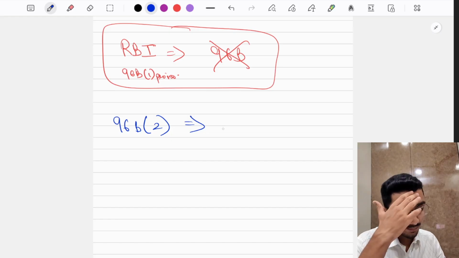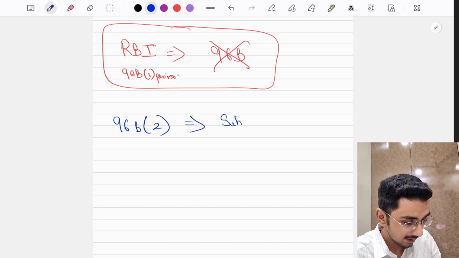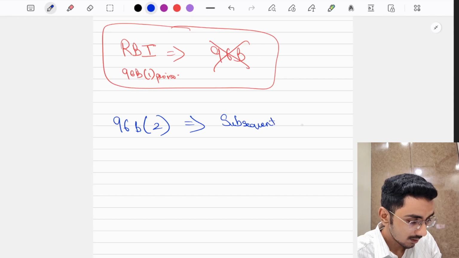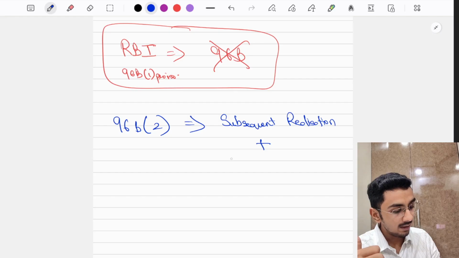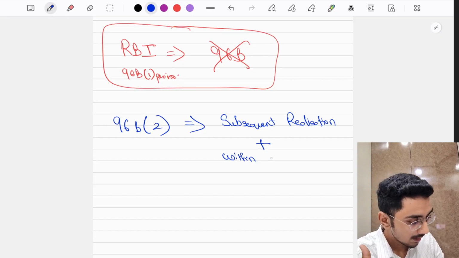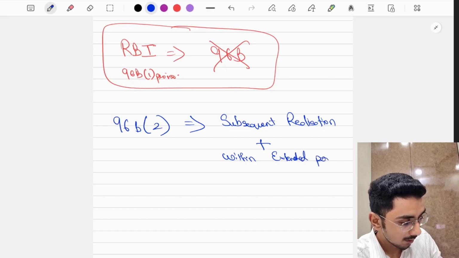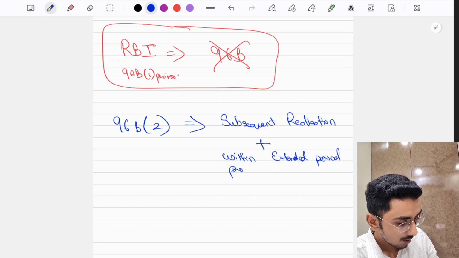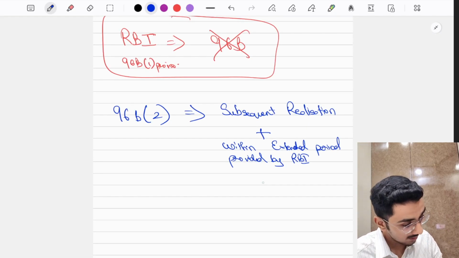It states that once realization happens, subsequent realization, and it has happened within the extended period provided by RBI, superb.